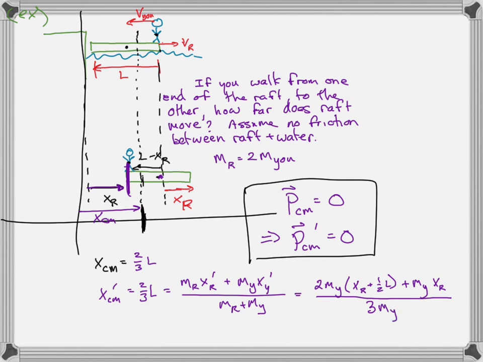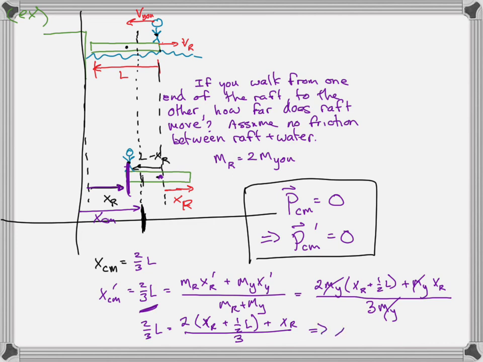So now we have simply one unknown because the mu's cancel, and x raft is the unknown, and it equals 2/3 L. So let me write this out. 2/3 L is equal to, I canceled the mu's, 2 times (x raft plus 1/2 L) plus x raft, over 3.